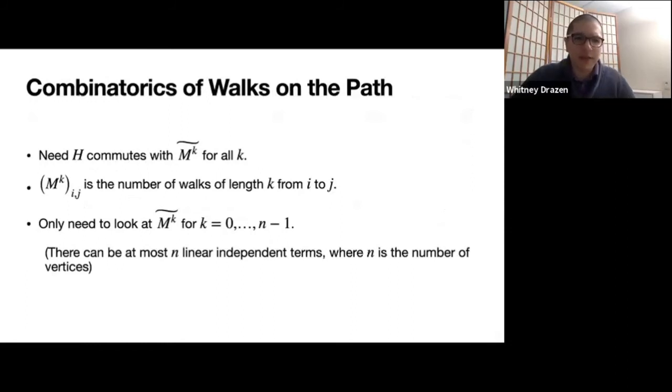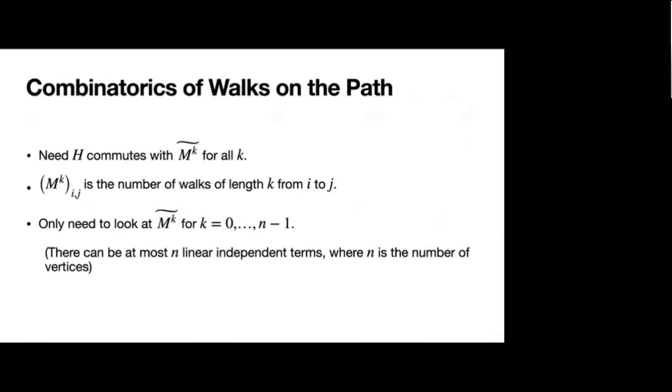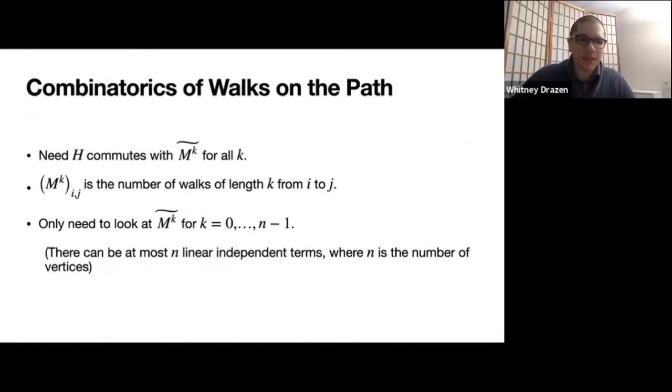As is common knowledge, M to the k represents combinatorially walks on our graph. So the ijth entry of M to the k is the number of walks of length k from i to j. So we need H to commute with all restrictions of this matrix that's defined combinatorially by the walks on our graph.